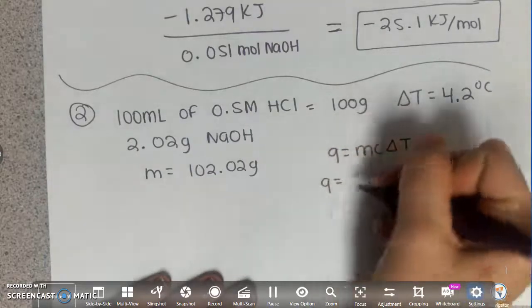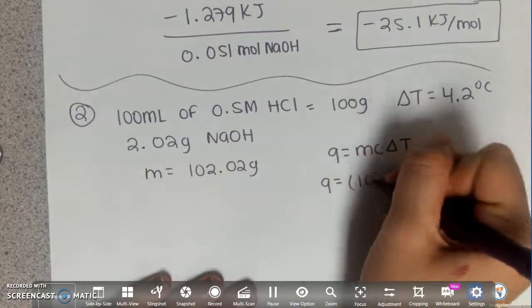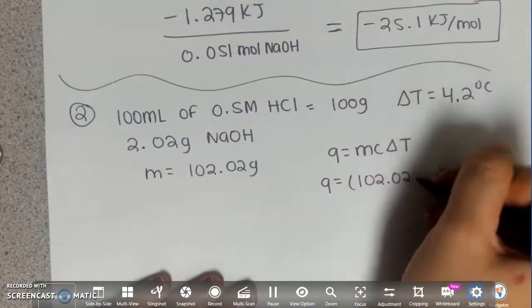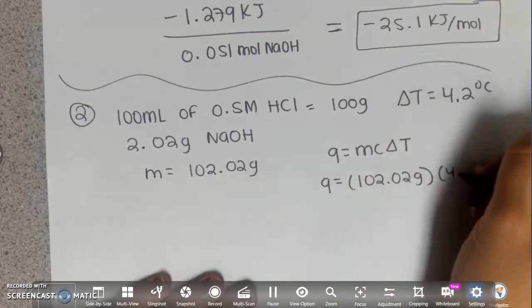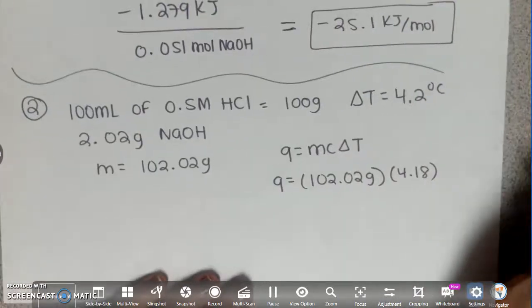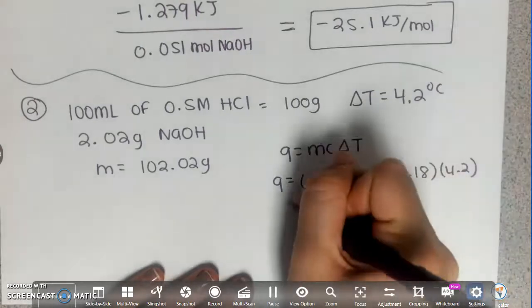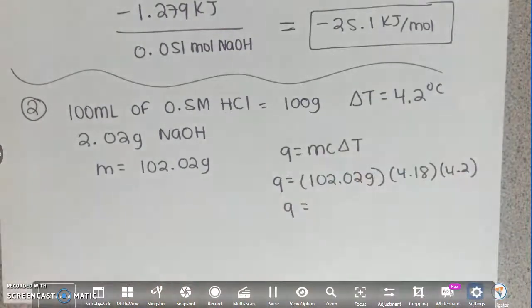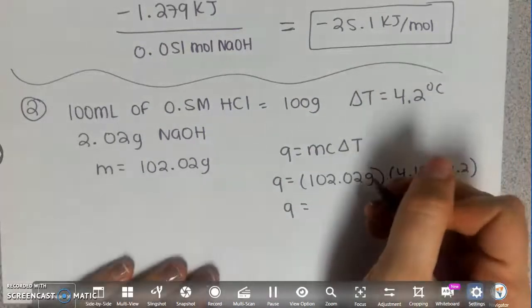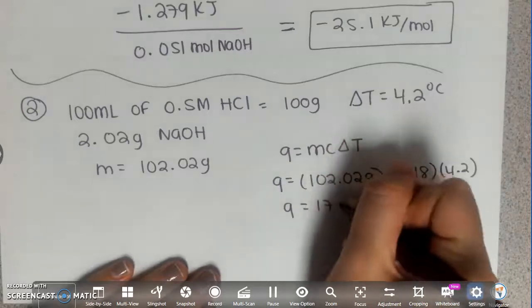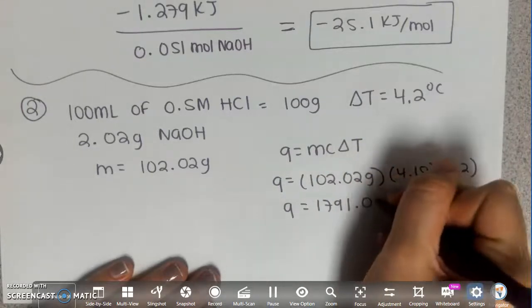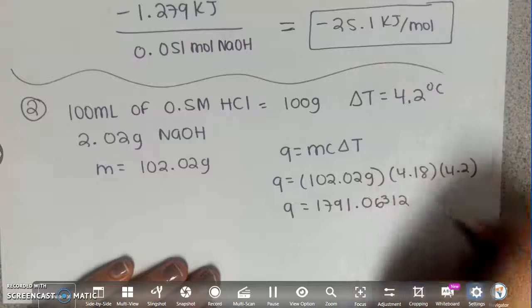So Q equals my mass, 102.02 grams, times the specific heat of water, times your change in temperature for this one, 4.2. And that Q is 1791.06312.